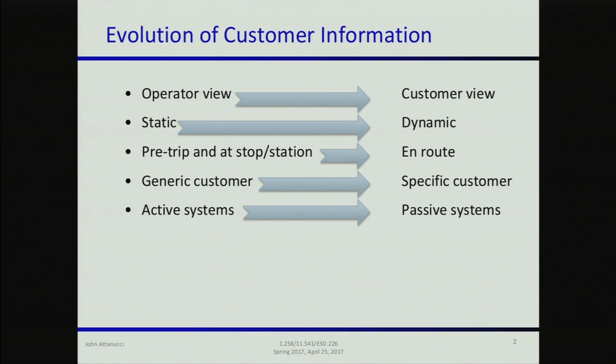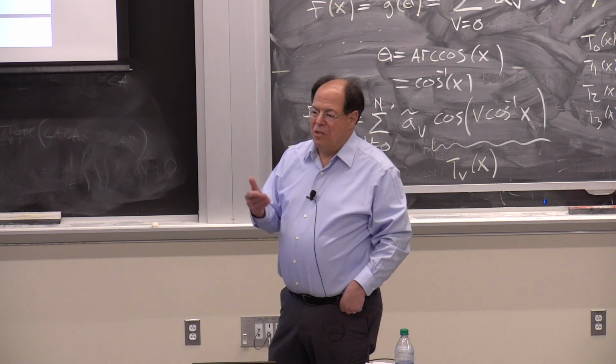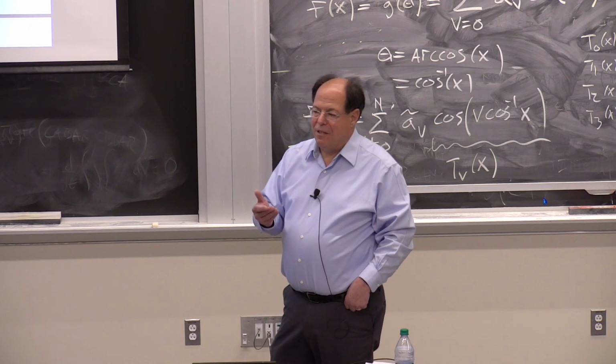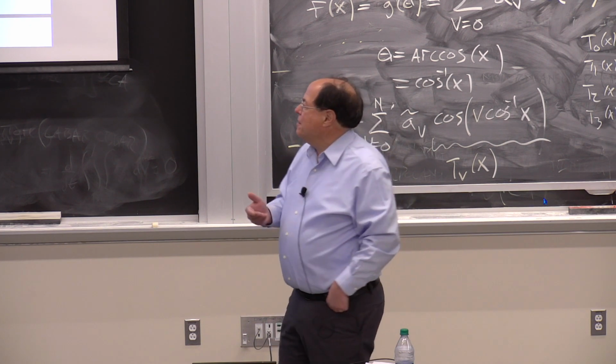The last two are the ones that probably haven't moved quite as fast as some would have hoped. I think most of the customer information that's out there still treats everyone as a generic customer. It doesn't really see your particular needs, although there are things like service alerts that you sign up for very specific routes and things like that.